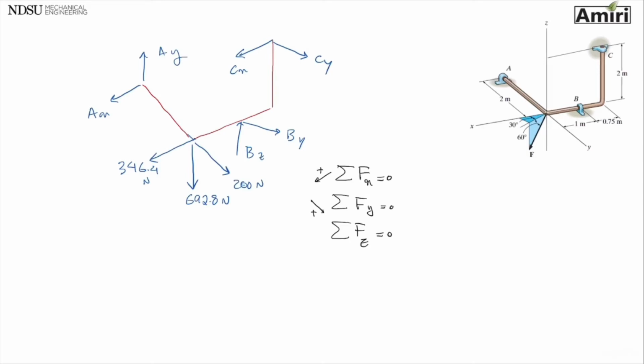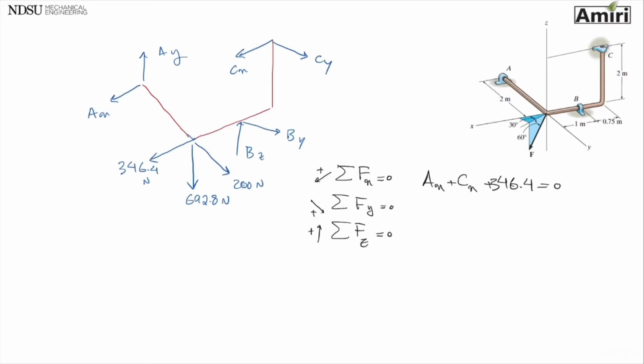Anything that points this way, positive. Anything that points up, positive. Look at every force that has a subscript of X. I have AX, I have a CX, I have 346.4, equals 0.